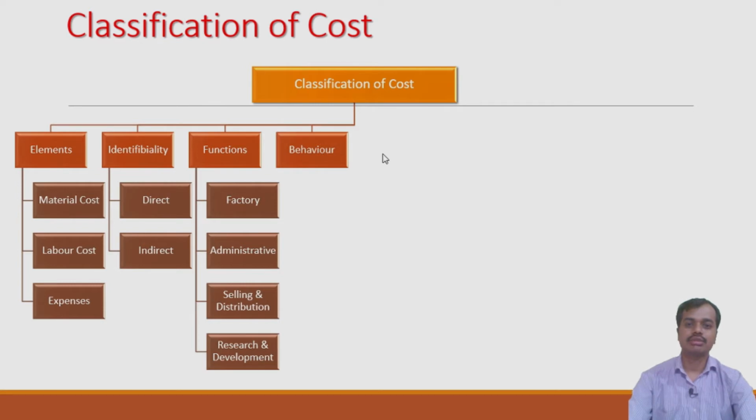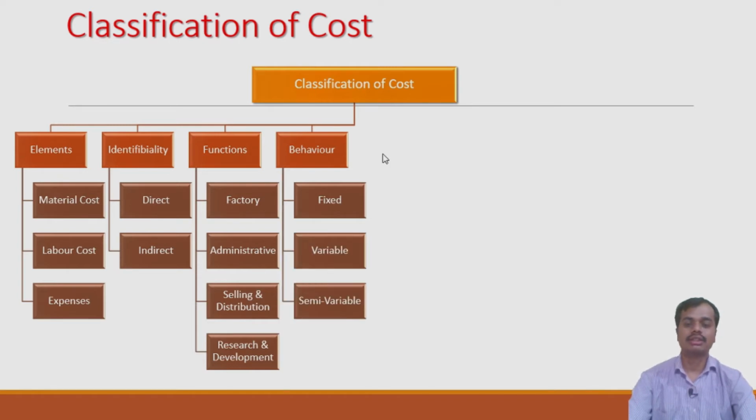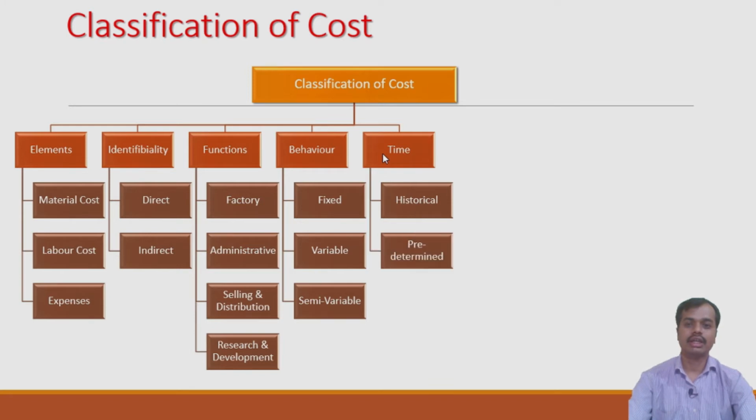Next is behavior wise. Under behavior, fixed cost, variable cost, and semi-variable cost. Next is time. Under time, historical cost and predetermined cost. Next is controllability.